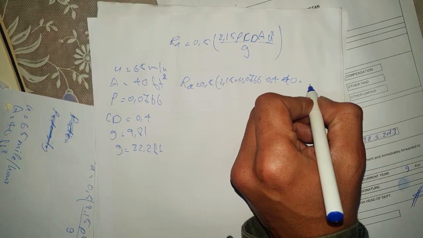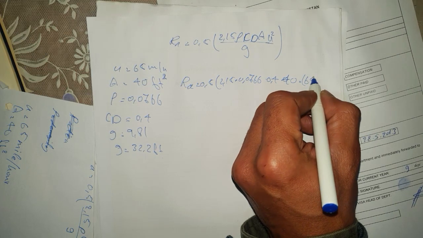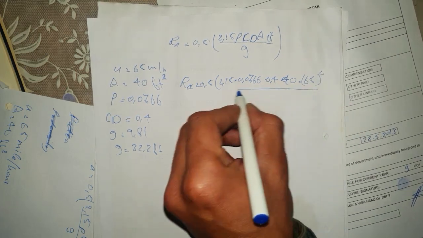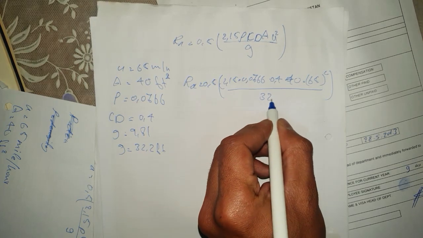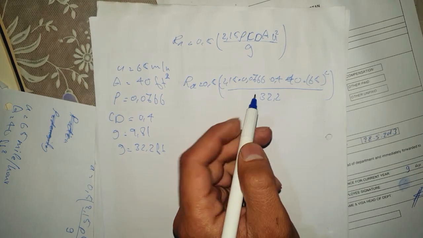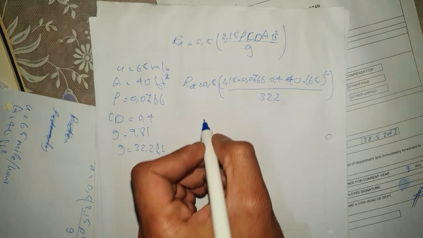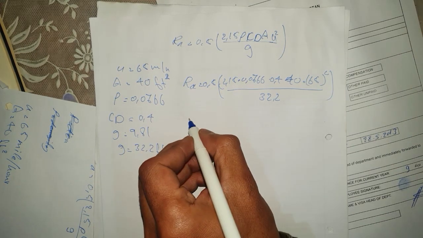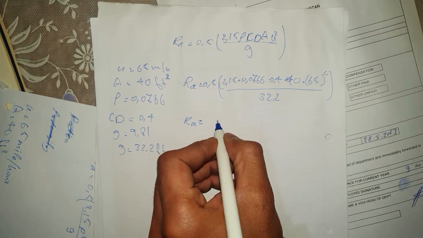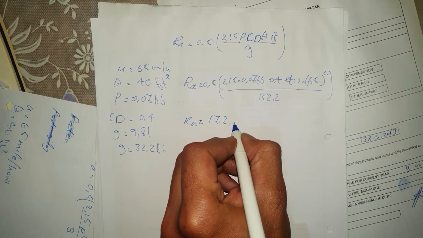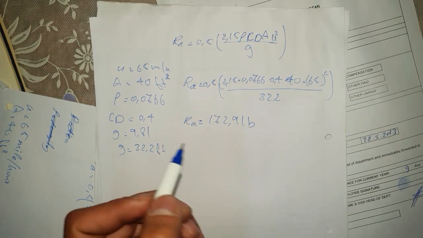U means the speed of the car, which is 65 miles per hour, squared, divided by G, which is 32.2. When we multiply and divide all those things, the air resistance would be RA equal to 172.9 lb. When we cancel all the units, we finally get lb.